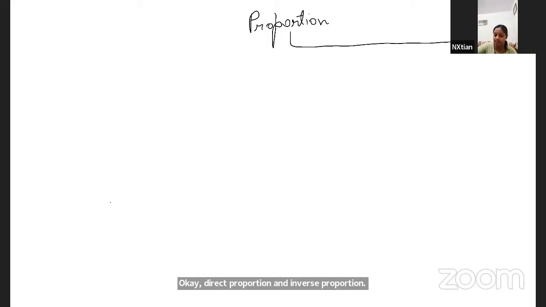The proportion is basically of two types. One is known as direct proportion, one is known as inverse proportion. We will study what both of them are.